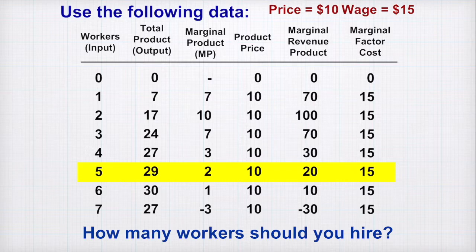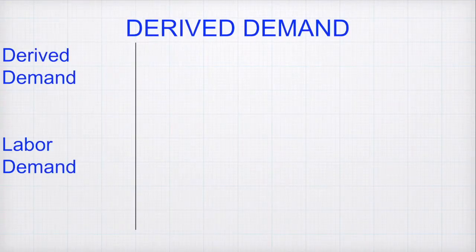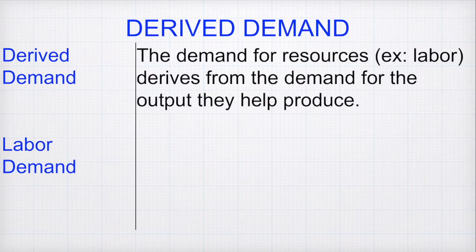Okay, all right. So a few other things to keep in mind here. Some terms. First of all, you may see this term derived demand in the context of labor markets. Pretty much a fancy term, meaning the only reason that firms demand labor or any other input is because consumers demand the output, right?